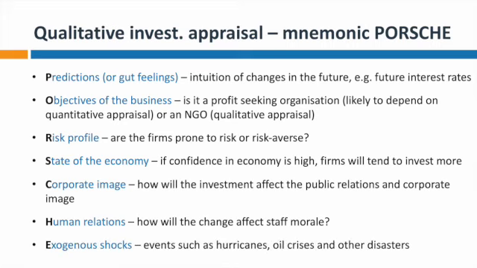And last one, exogenous shocks. How are events such as hurricanes or oil crises and other disasters likely to affect your investment projects and so on? Use the mnemonic device if you want. If not, I suggest just using the different topics that we covered in Unit 1.